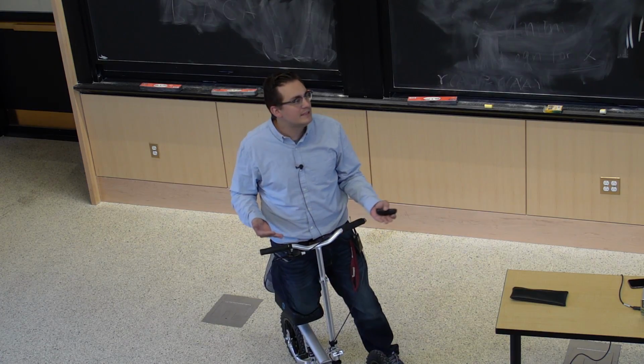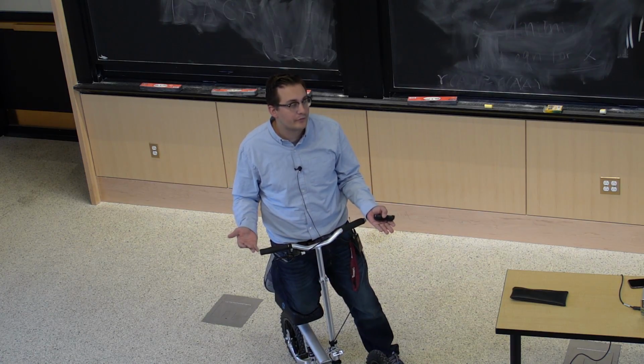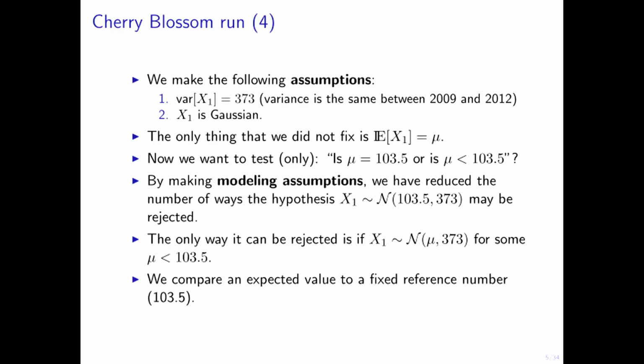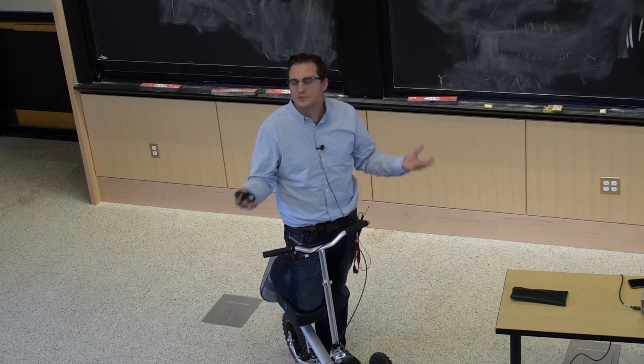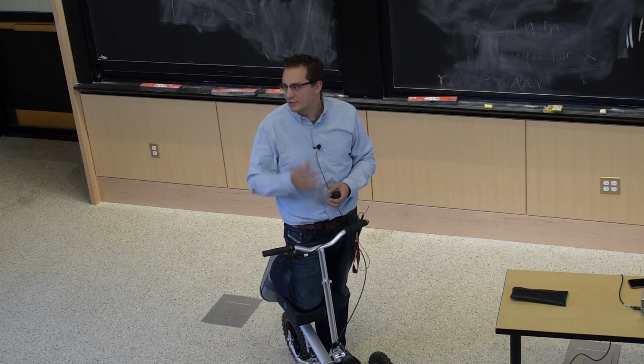And fixing the rest is actually part of the modeling assumptions. So I fix my variance to be 373. I assume that the variance has not changed between 2009 and 2012. Now, this is an assumption. It turns out it's wrong. If you look at the data from 2012, this is not the correct assumption. But I'm just going to make it right now for the sake of argument.